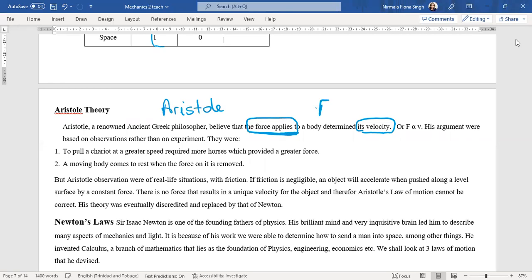He taught that force was directly related to velocity, when in fact, force is directly related or proportional to acceleration. Yes, velocity and acceleration are very closely related, but there comes a point when they are actually different. So let's look and see. His arguments were based on observations rather than experiment.